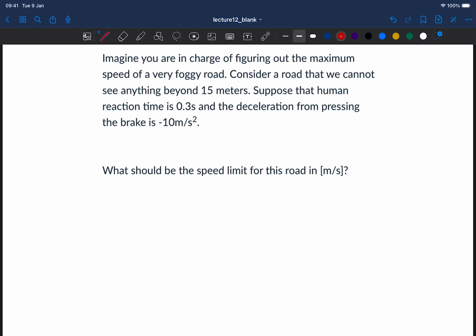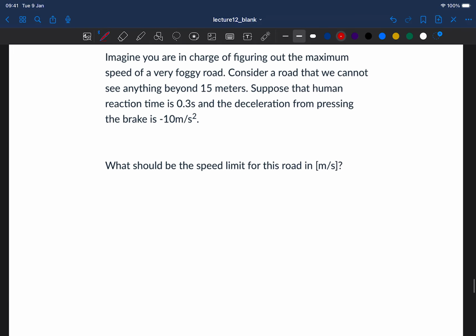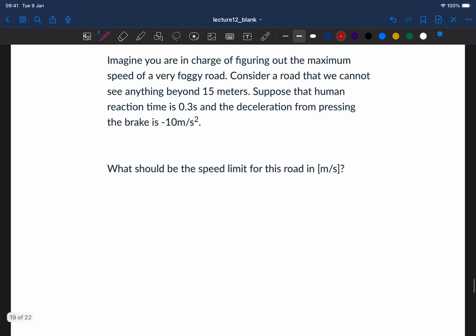And the deceleration from pressing the brake, which is negative acceleration, is minus 10, it's 1g. What should be the speed limit of this road in meter per second? So essentially, you must stop before 15 meters because the worst case is after that you're gonna hit something.